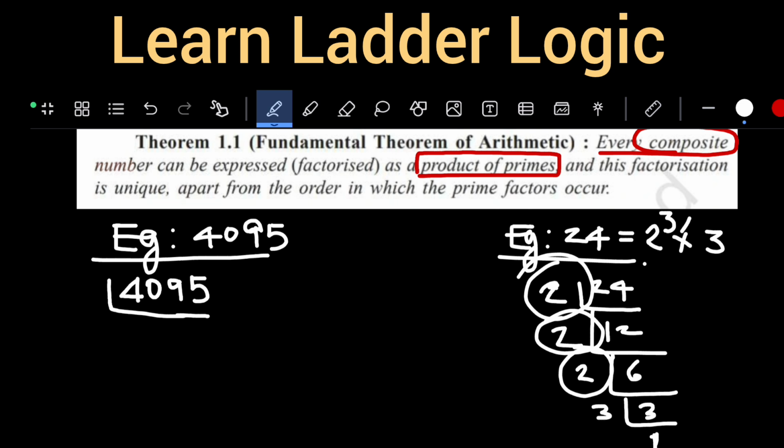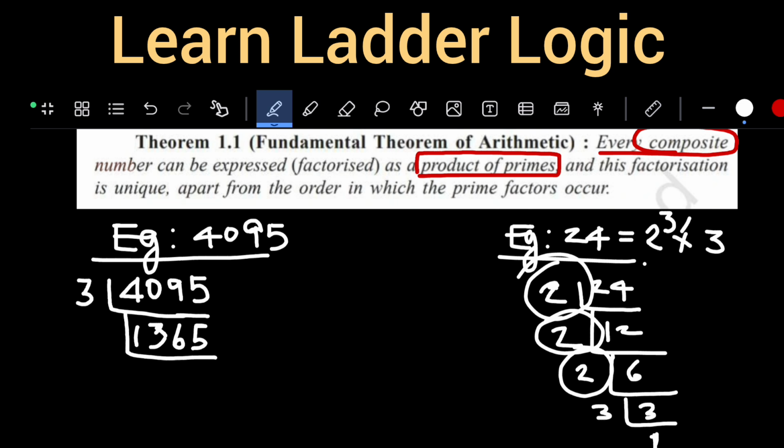So adding 4 plus 0 plus 9 plus 5, 4 plus 9, 13, 13 plus 5, 18. 18 comes in 3 table. So this number is divisible by 3. So let's take 3. 3, 4095, 1365, 455.